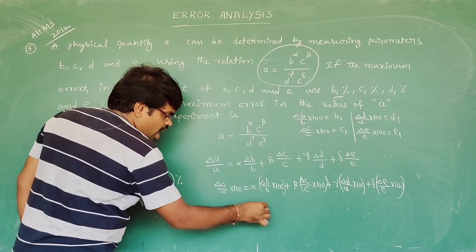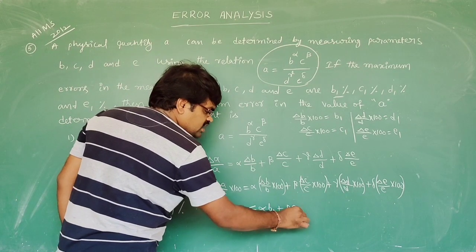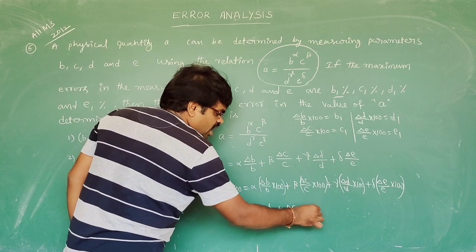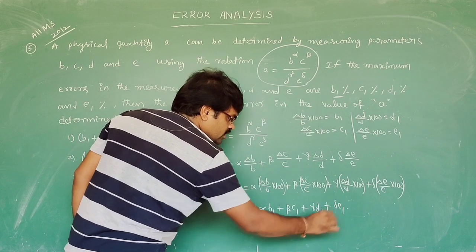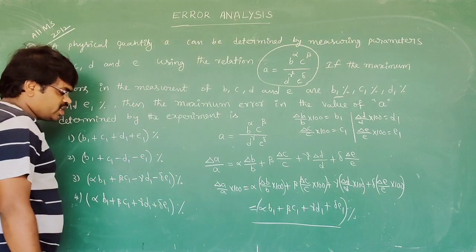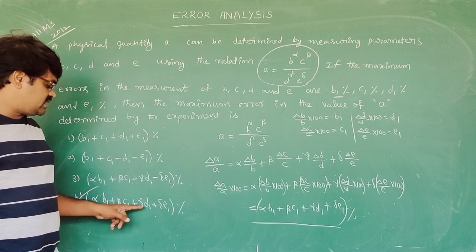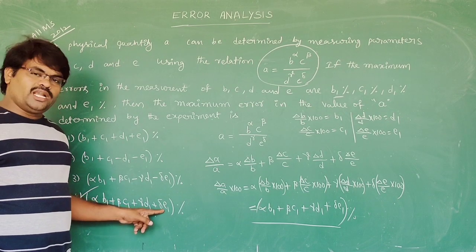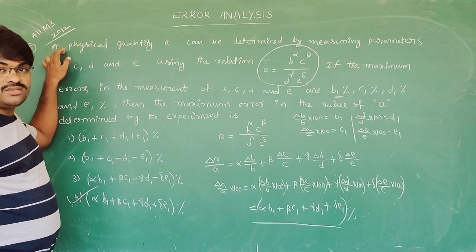What is the value? Alpha into B1 plus beta into C1 plus gamma into D1 plus delta into E1. It's in terms of percent. That's why the option is alpha B1 plus beta C1 plus gamma D1 plus delta E1. This is the answer. Very, very important, this model.